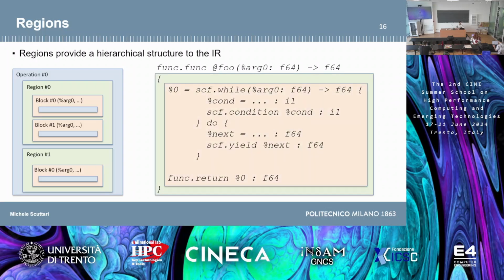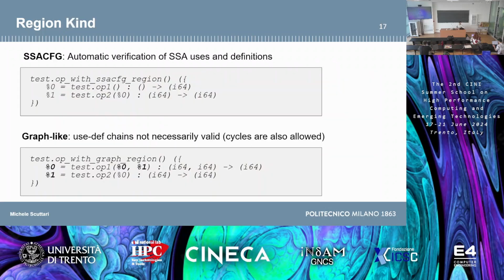Okay, so here we have the region, the block, and then inside the operator while you have two other regions that contain one block each. We can have some specific regions that have properties.